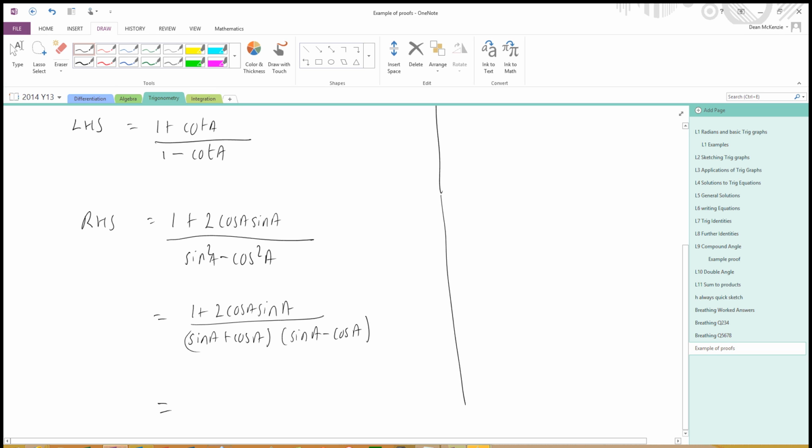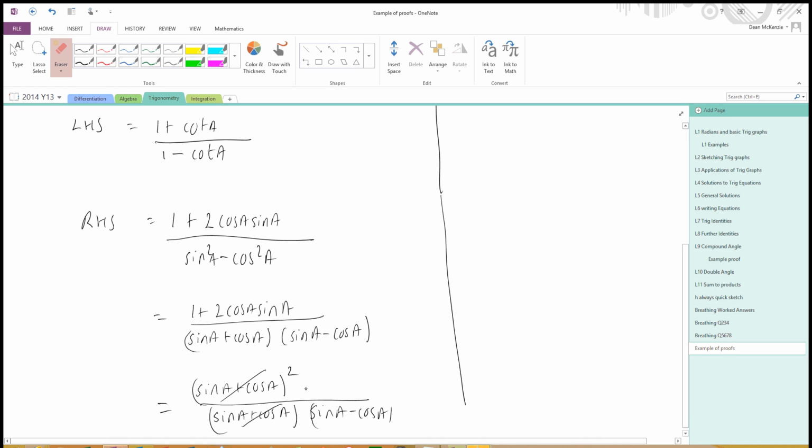So what I really want on the top line is for it to be the same as sin A plus cos A all squared. If that's on the top line, then I would have just sin A plus cos A on the bottom, I could cancel out one of them, and I've still got sin A minus cos A, and my proof would be done.